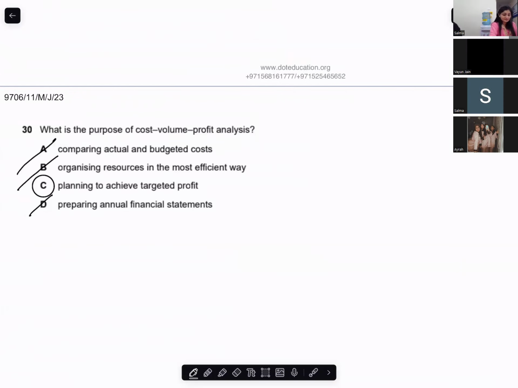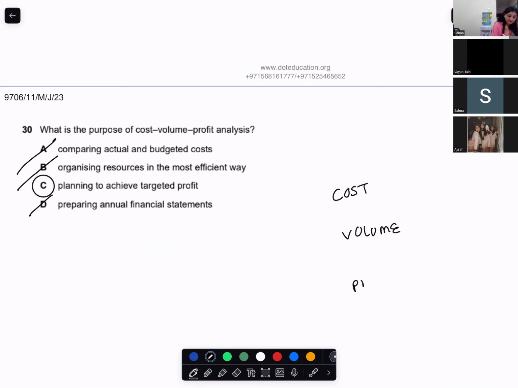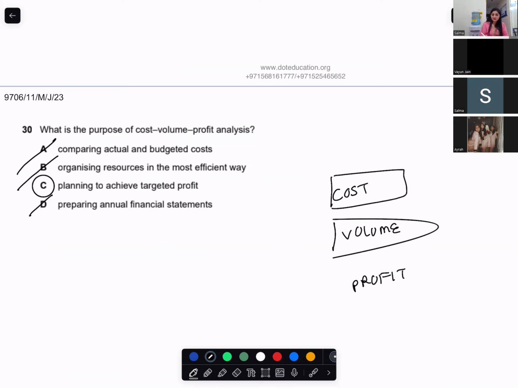Miss, cost volume profit analysis is to find the break-even point, so no profit or no loss. So cost volume profit analysis basically tells you that if you have this volume of goods and you have this much of costs, then at this point you are going to make no profit, no loss.